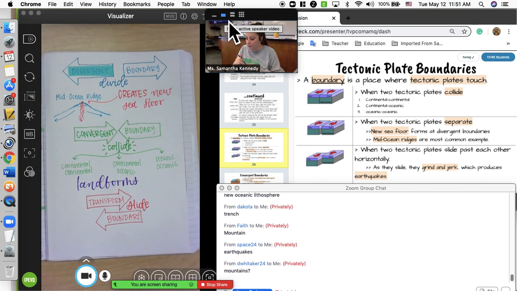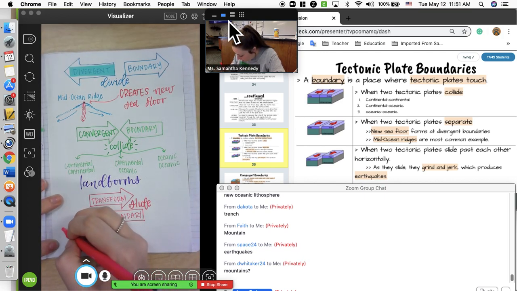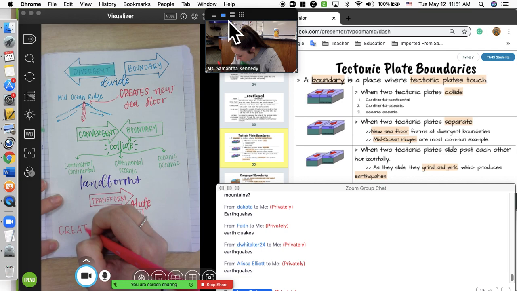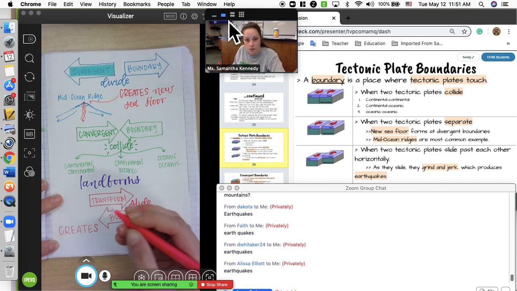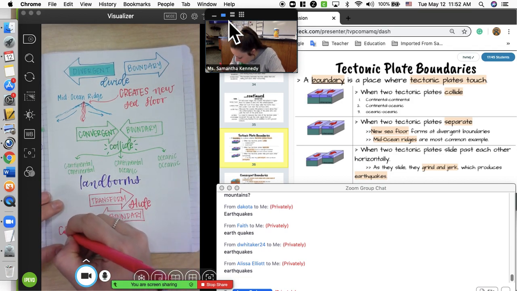So then transform boundaries. What is it going to create? Transform boundaries are going to create what? Ooh, nice. You guys are already answering. What does a transform boundary create?